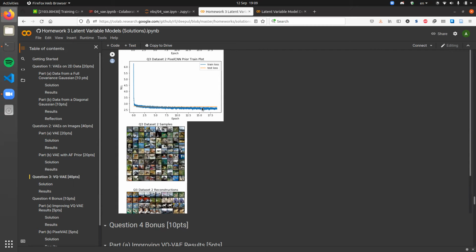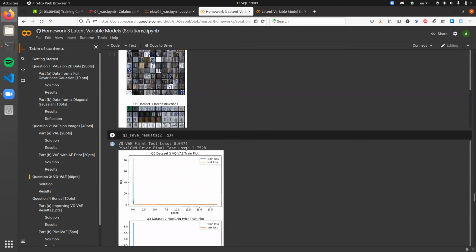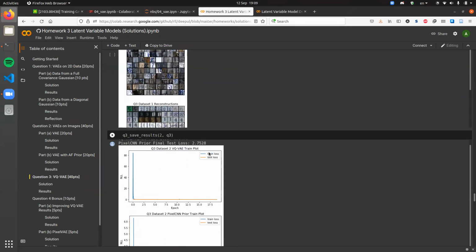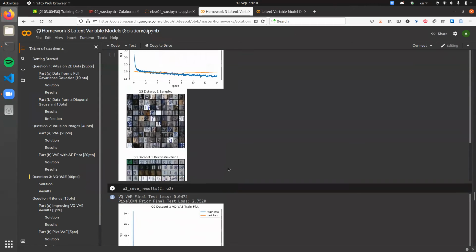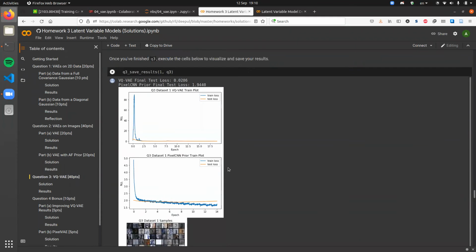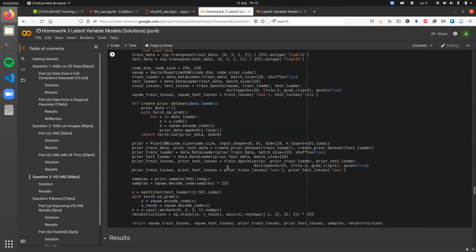And here you can see that the final test loss of the prior model was 2.75. Here they used a simple PixelCNN. It was just a stack of PixelCNN res blocks, I believe.